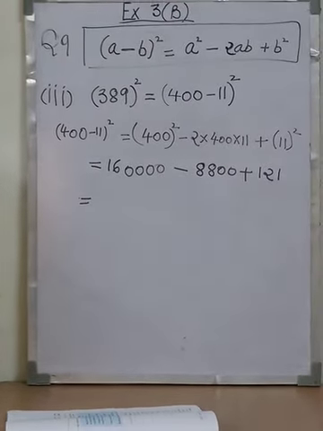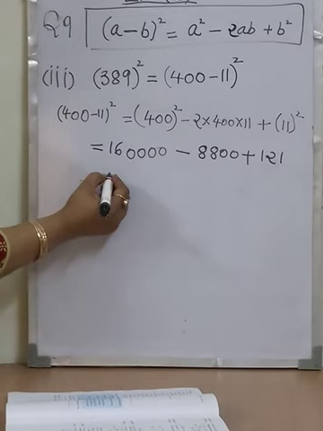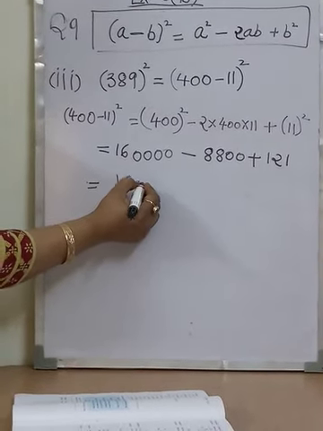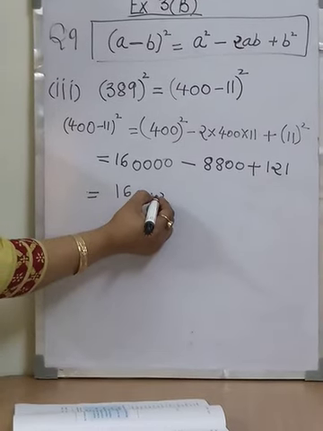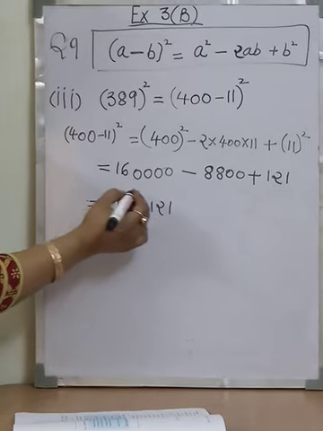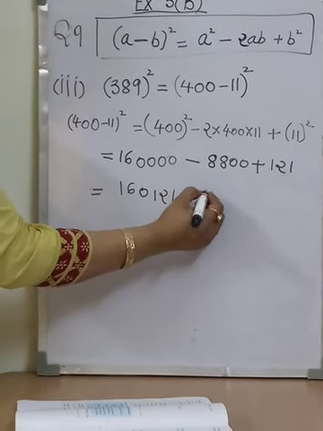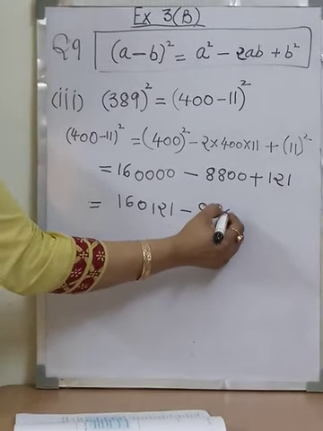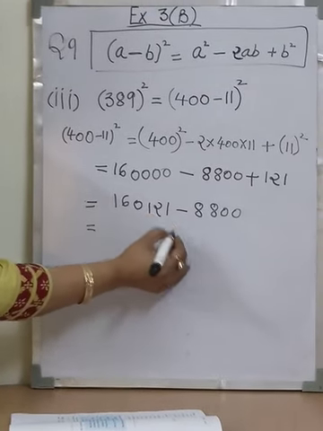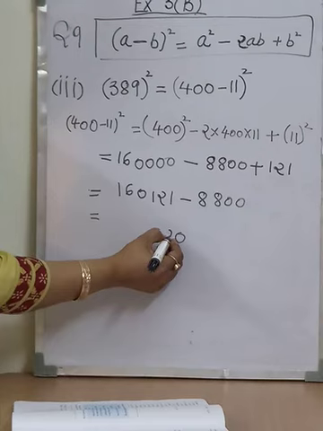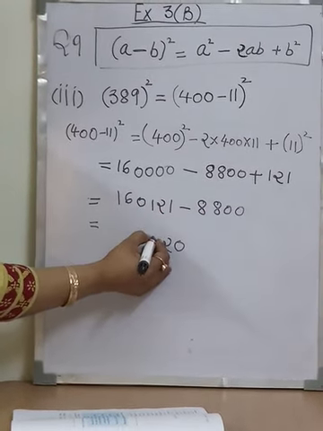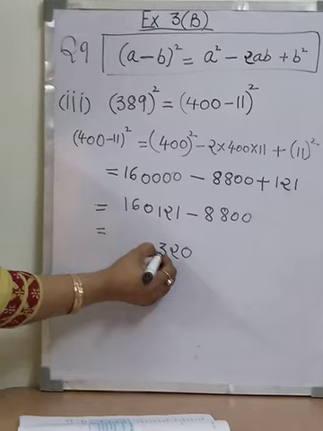Okay. Now we simplify it. What will we get? 0, 1, 2, 1. I added the first, the plus 1, and then minus 8, 8, double 0. Now we subtract. 1 minus 0 is 1. 2 minus 0 is 2. Now 1 minus 8, that is 11 minus 8 is 3.